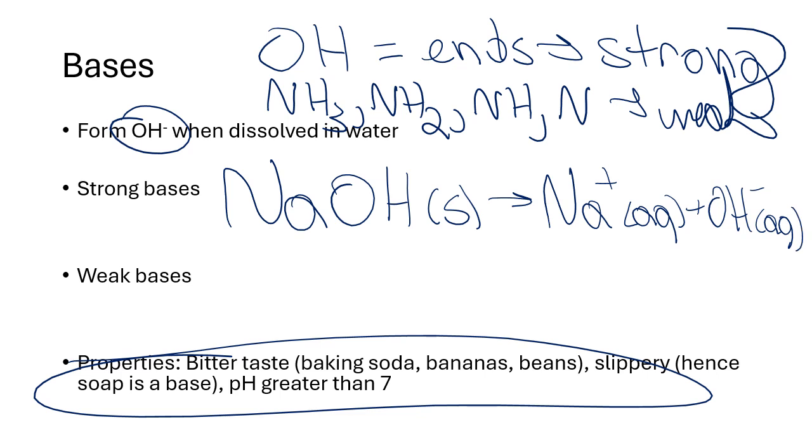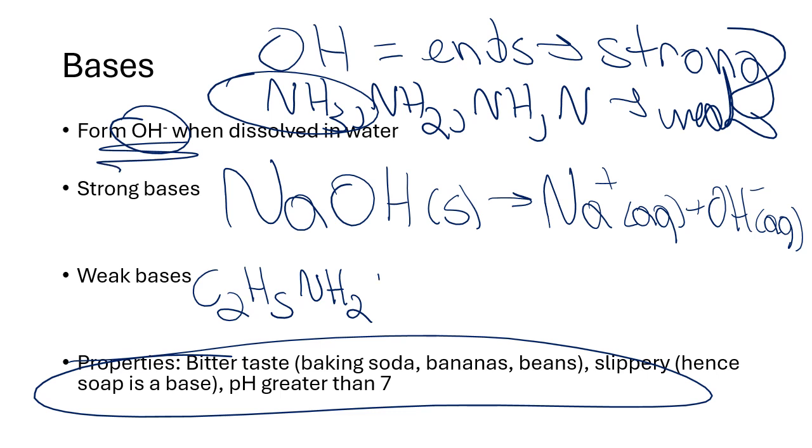Now a weak base has that NH3 at the end. So I'm just going to pick a random one, and I say this is a weak base. Now there's no way that this is going to form an OH minus in water unless we react it with water.